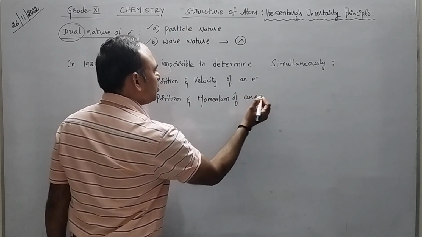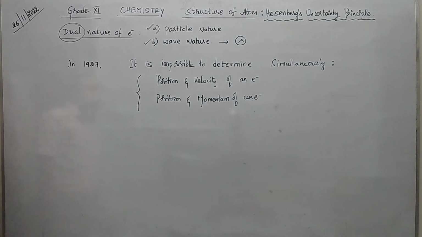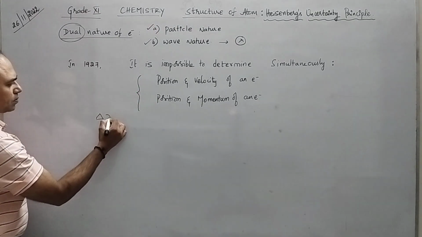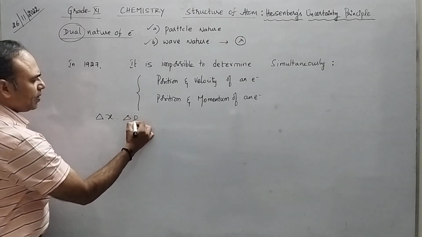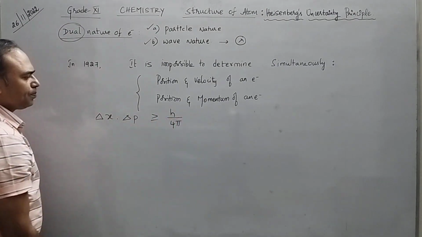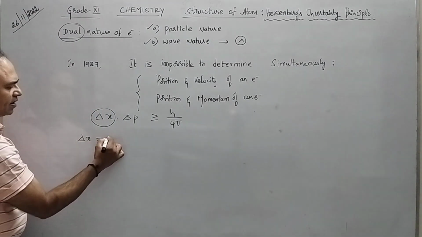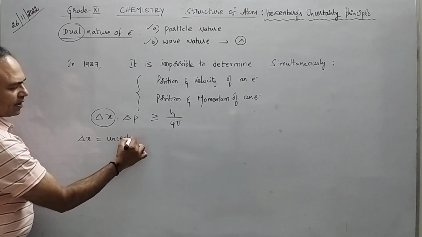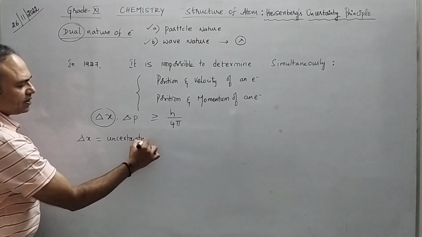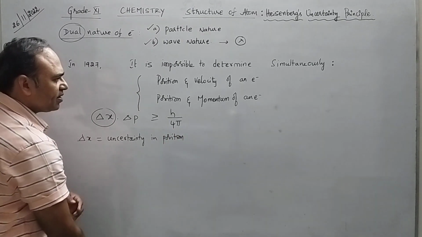Based on this, he has given an important formula that says delta x into delta p is greater than or equal to h by 4 pi. Now what is delta x here? Delta x is nothing but uncertainty in position of any subatomic particle.